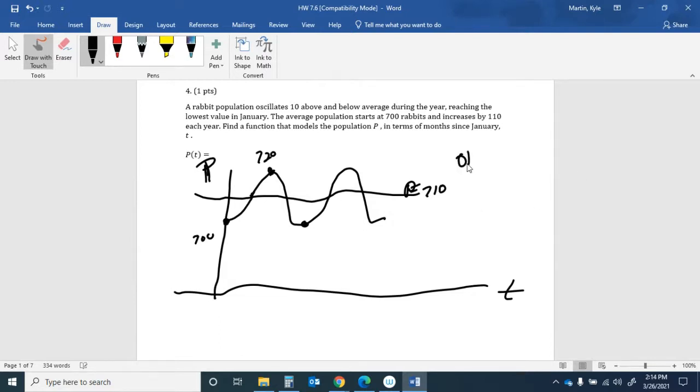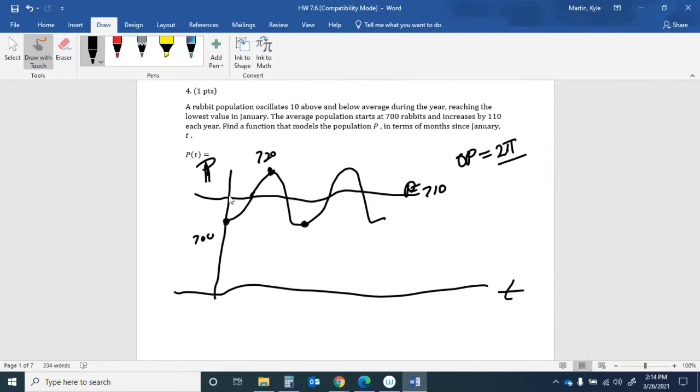So the observed period equals the standard period for the sinusoidal function cosine. Oh, by the way, it would be cosine, right? Because remember, sine goes through the midline, which is the origin if you haven't had a vertical shift.